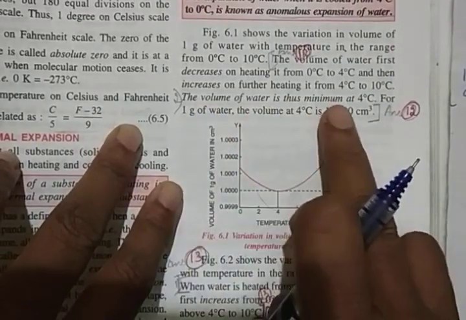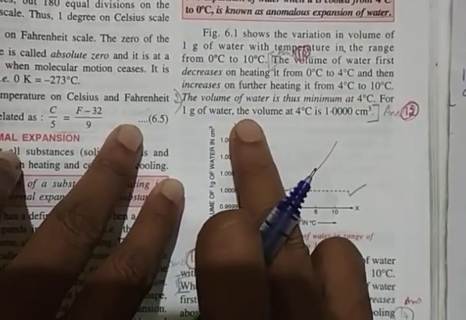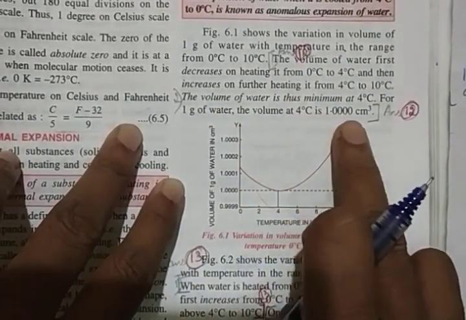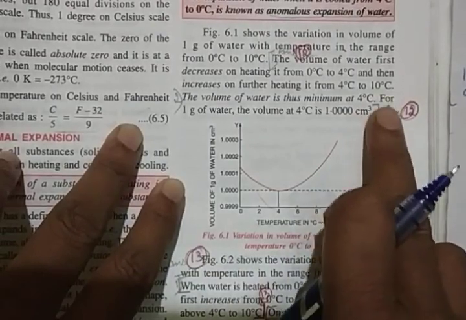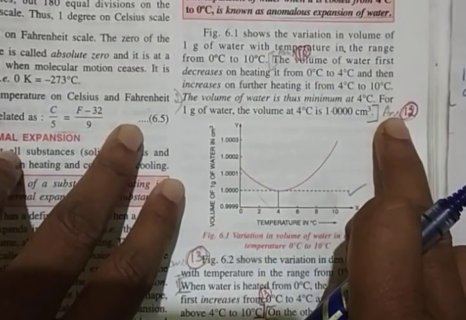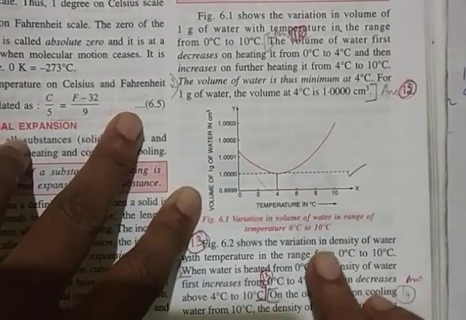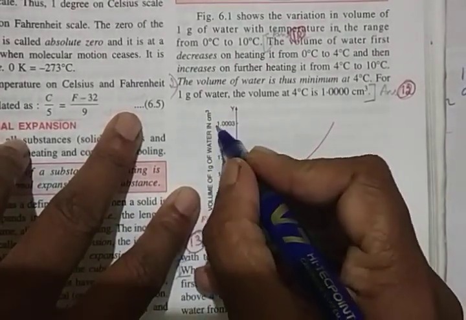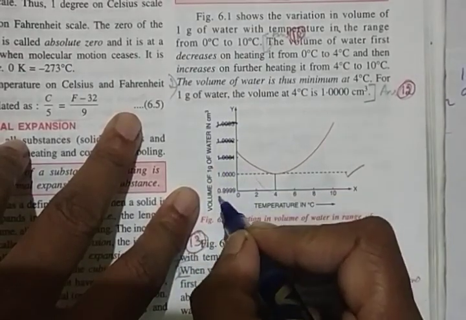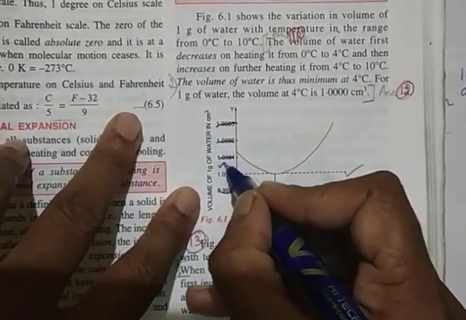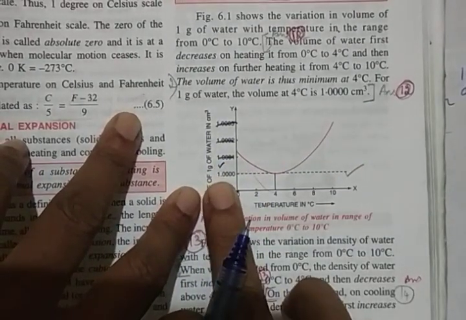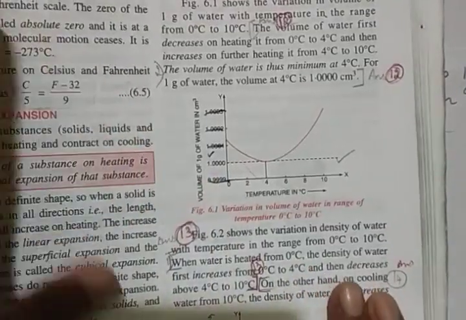The volume of water is thus minimum at 4. For 1 gram of water, volume at 4 is 1 centimeter cubed. So till this will be your answer 12. And then the diagram, the same, you need not show these values. It's enough if you just show this 1 alone, or just write 1.